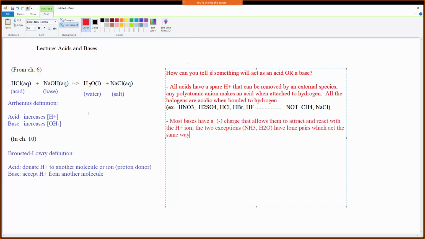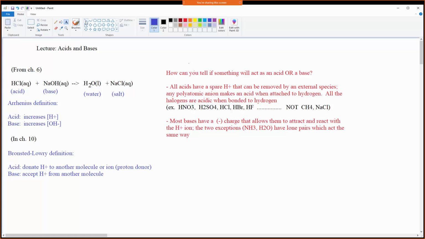So for instance, I'll show you in water's case, you've got the oxygen, and because it's a bent molecule, as we remember, and because it's polar, you've got this partial minus on this side, partial positive on these sides, right? And you have these two lone pairs right here.